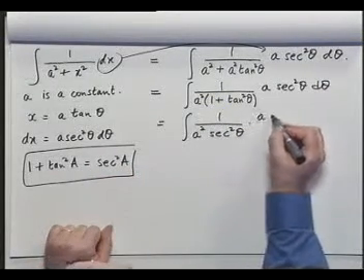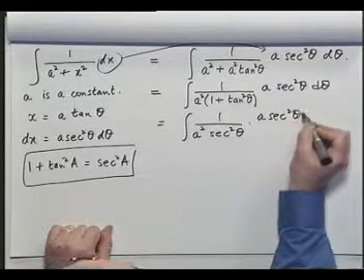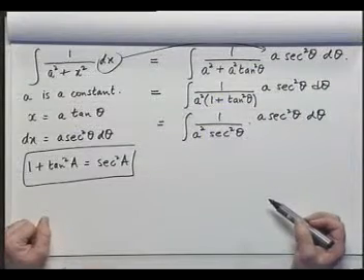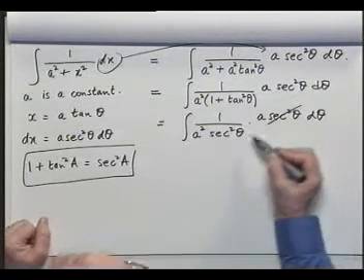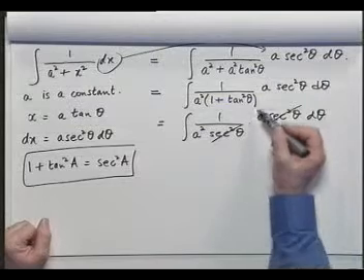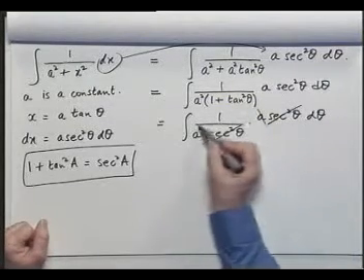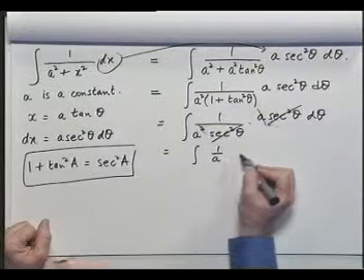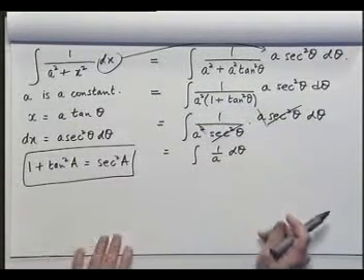We've still got an a secant squared theta in the numerator, and a lot of this is going to simplify and cancel now. The secant squared will go at the top and the bottom. One of the a's at the bottom will go with the a that's at the top, and we're left with the integral of 1 over a with respect to theta.